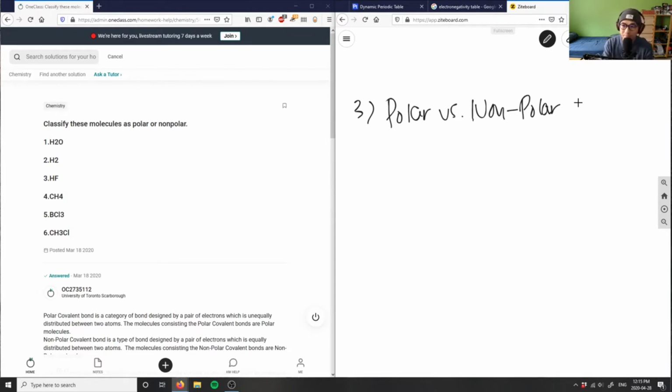For example, if I drew HCl here, I have a very extreme dipole between the hydrogen and chlorine bond, right? I have a partial negative on chlorine, because it's the more electronegative atom and taking electron density away, and hydrogen here would be a partial positive. So this is an example of a dipole, depending on the electronegativity difference.